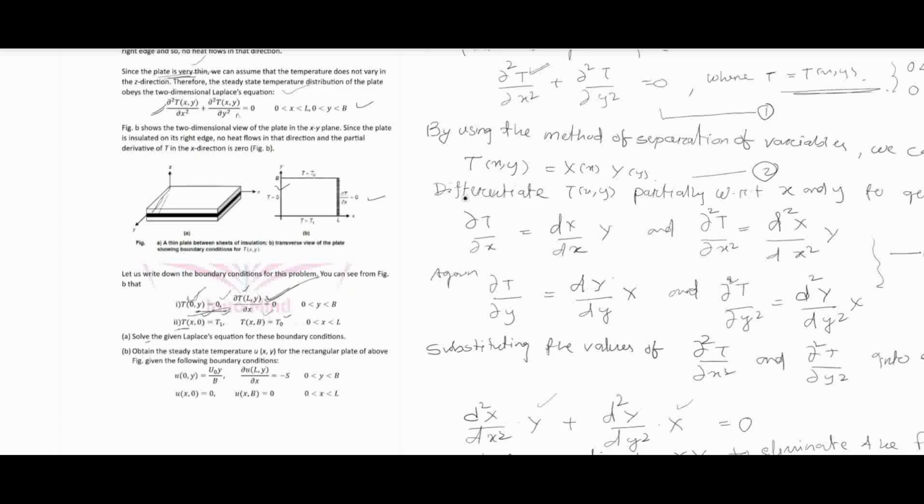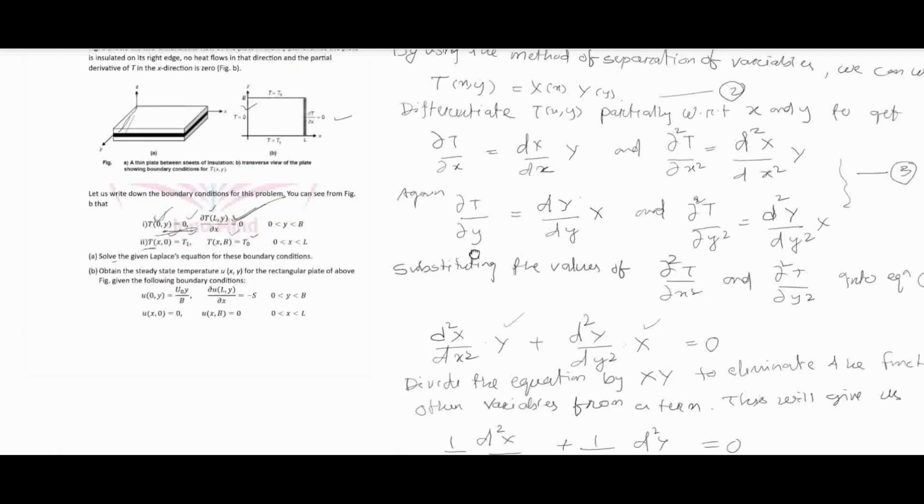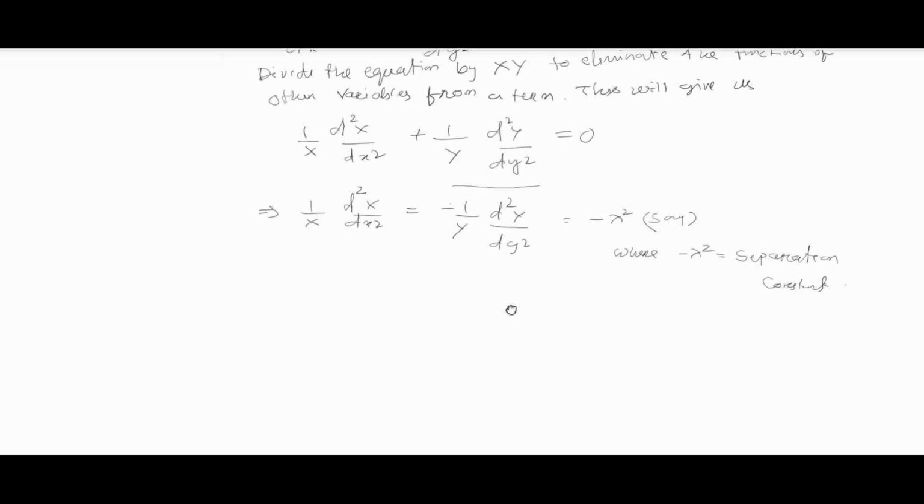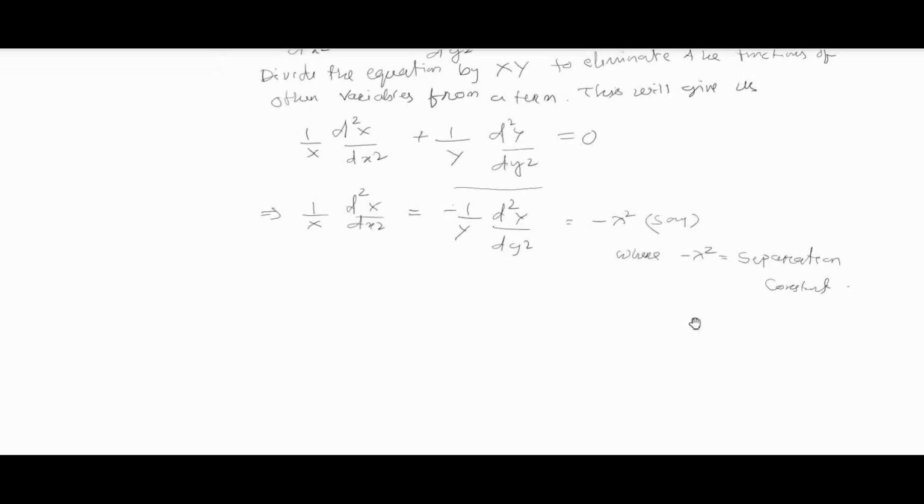So in order to avoid such difficulties in coming to a solution, we just added a minus sign before it, so that the hyperbolic function can be eliminated from the solution of X. In case of Y, if it comes, then also no issue, because we will keep it as it is. So it will give us two equations: 1 by X d square X by dx square is equal to minus lambda square, and 1 by Y d square Y by dy square is equal to lambda square.